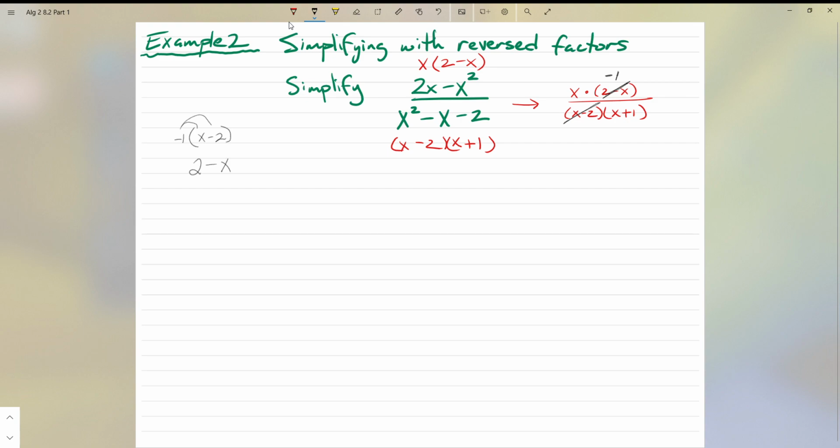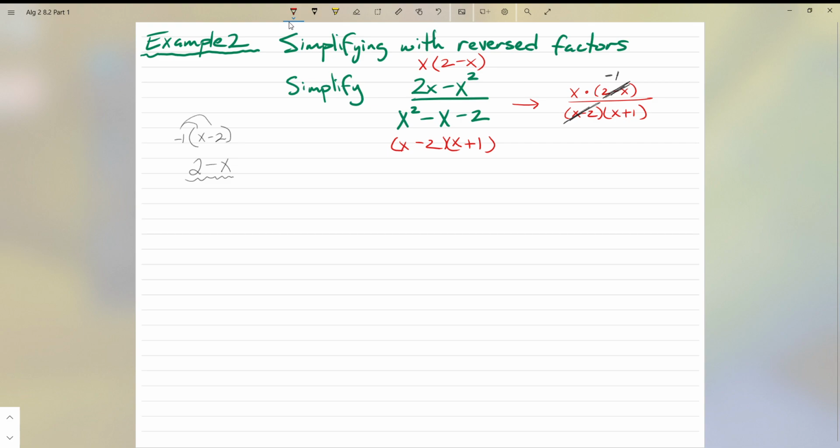But nobody would write -1x plus 2. They would write 2 minus x. And so it feels kind of strange to say that 2 minus x and x minus 2 are related. But what you do is you factor out a -1 almost. So when we cancel and reduce these out, you're going to leave a -1. And that's only when factors are reversed.